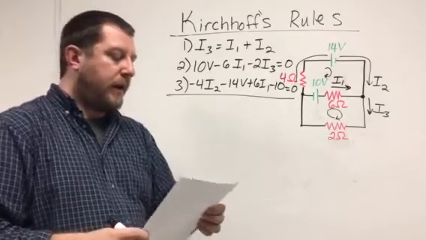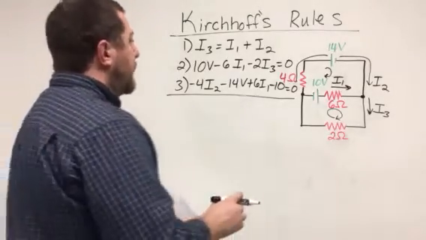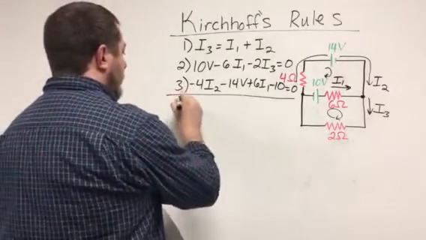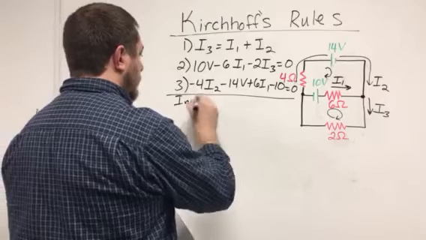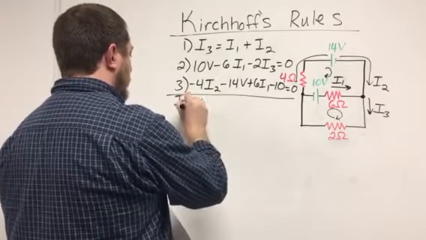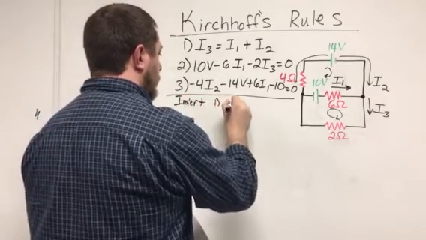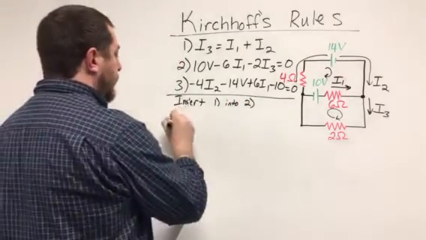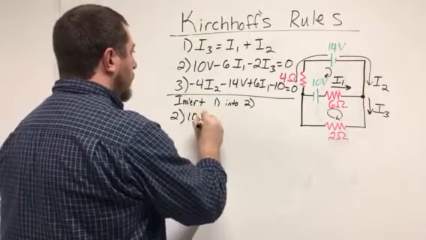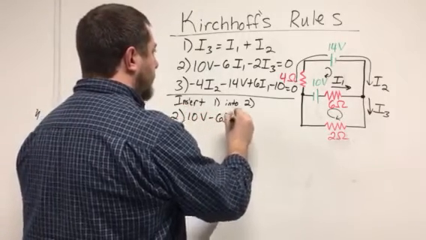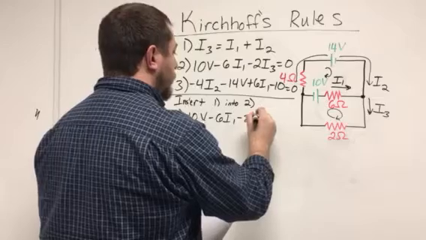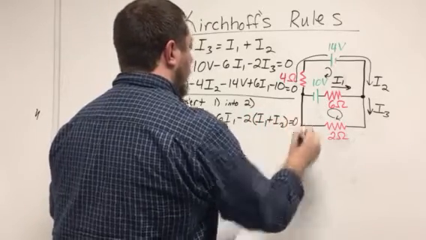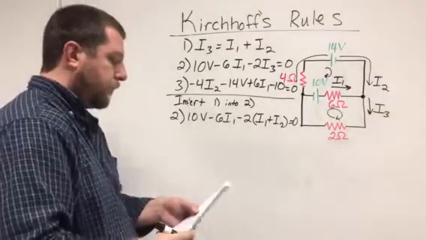So if we insert equation 1 into equation 2, then equation 2 will become 10 volts minus 6I1 minus 2 times I1 plus I2, and all of that must equal 0.